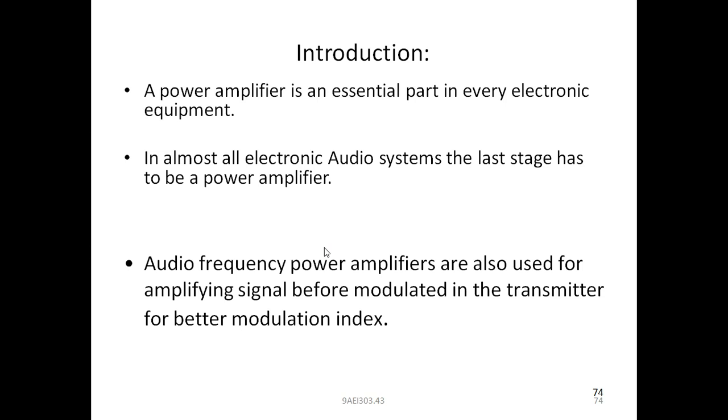Better modulation means it should be equal to 1. The maximum value should be 1. If it is 1, then the maximum power will be delivered, that is, 100% power will be delivered.